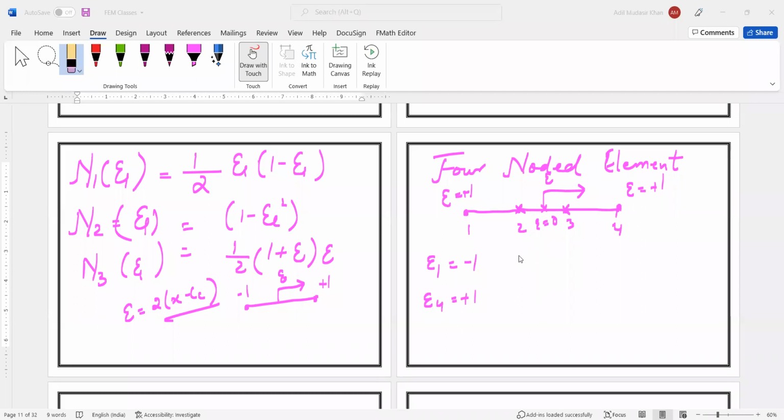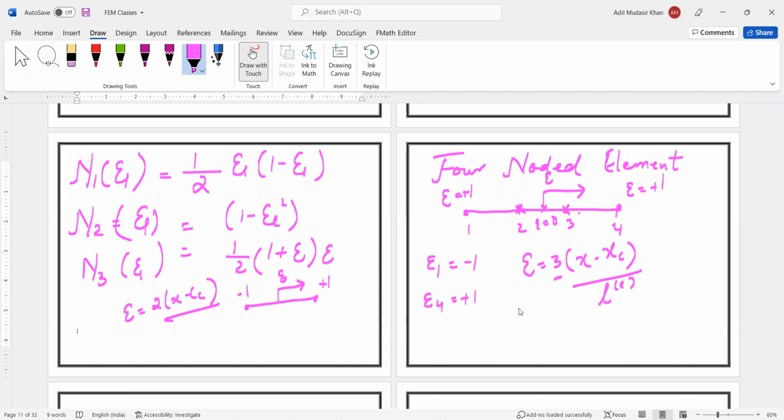We can write a general formula for it, which in this case we can write as zeta is equal to 3 times x minus xc divided by the length of the element, because here the length of the element is 1, 2, and 3. When we normalize it, the total length will be equal to 3. That's why we are writing 3.